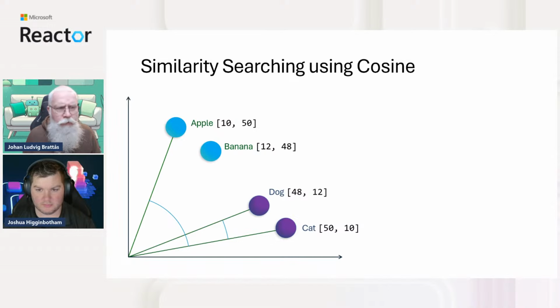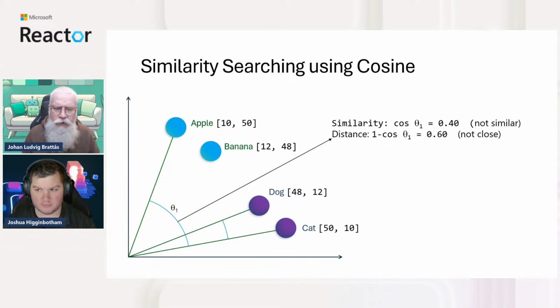So in this case, we are doing a similarity search, and you can use cosine for that. When you're starting to look into this, you calculate the different arrays, and you see the cosine saying, okay, 0.4, that's not similar. 0.6, probably not similar either, but it's closer.